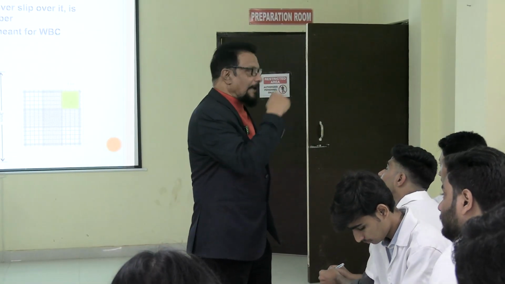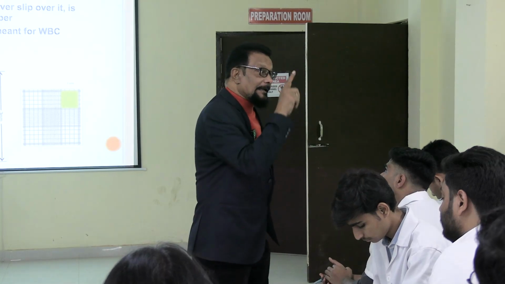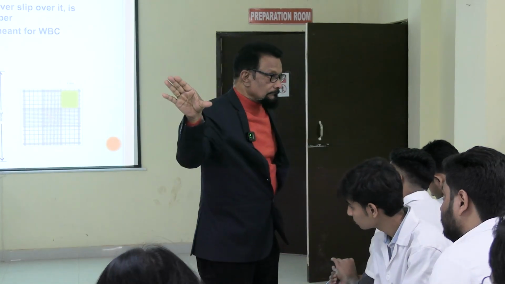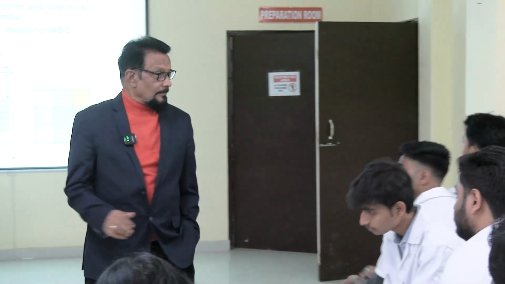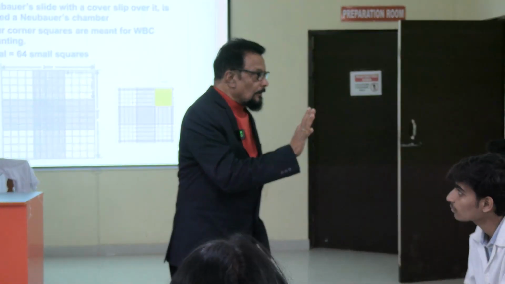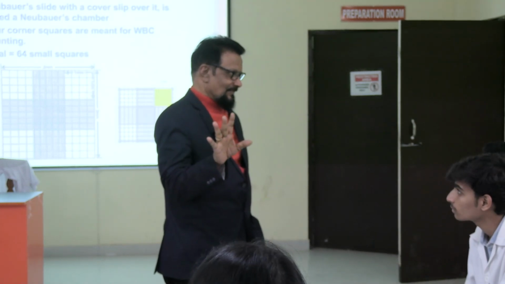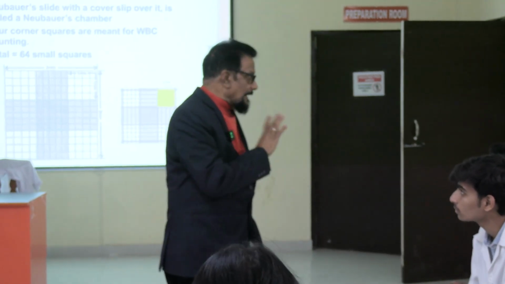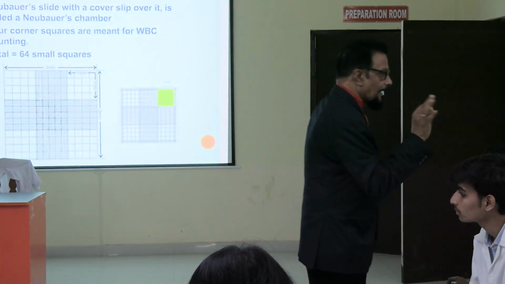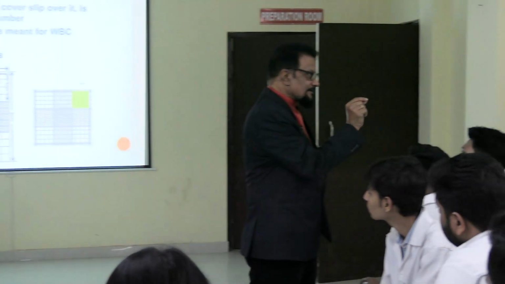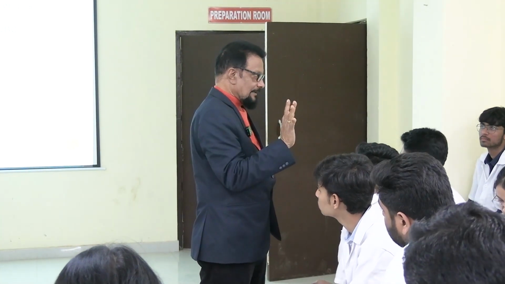Yes. Now can you calculate how many WBC will be there in 1 cubic millimeter? Do it. Suppose blood is not diluted. I will tell you later. So for now, one small square is having 5 WBC.